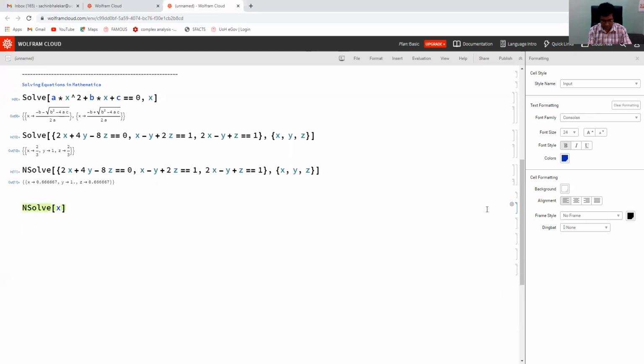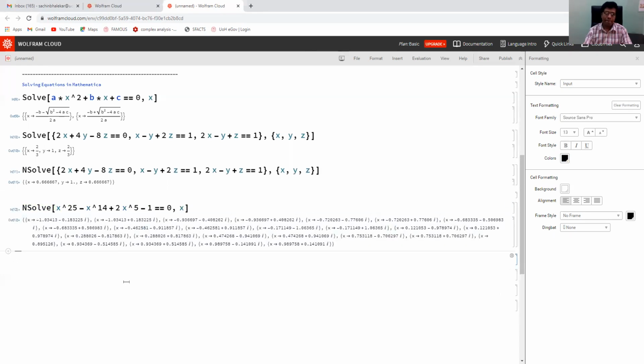Say x raised to 25 minus x raised to 14 plus 2x raised to 5 minus 1 equal to 0 for x.